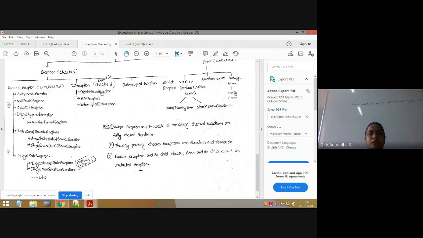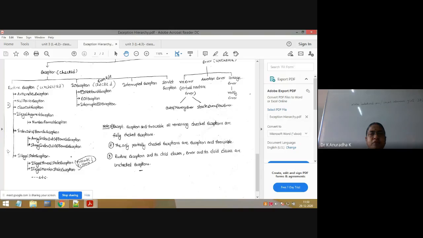For that reason, what I am suggesting is that you remember only the unchecked exceptions. How to remember the unchecked exceptions is, you can say like this: runtime exception and all its subclasses are unchecked exceptions. So totally these are 18 unchecked exceptions.